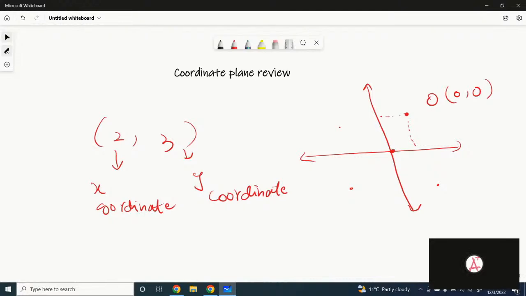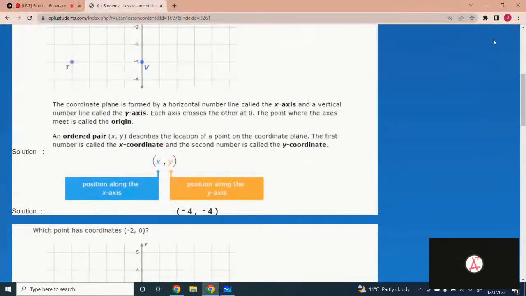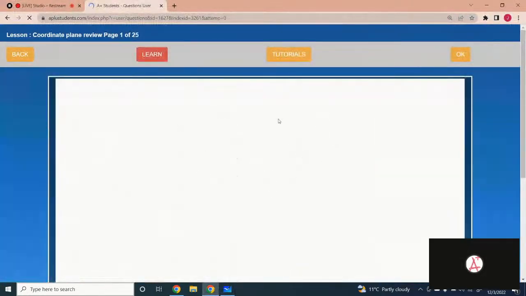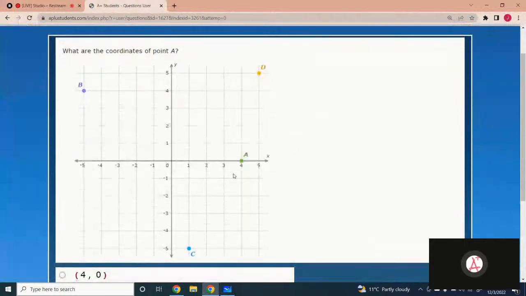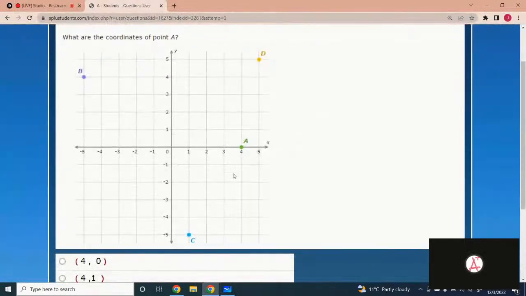Got it? Okay, let's just start with the test questions. Okay, what are the coordinates of point A? So just identify the point on the coordinate plane and see what the x and y values are for the point. Here is point A. So the x value for the point A is 4.